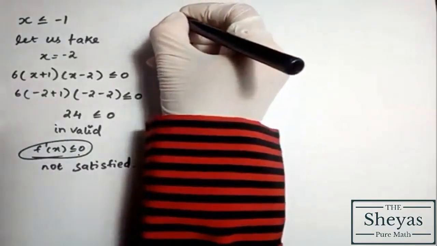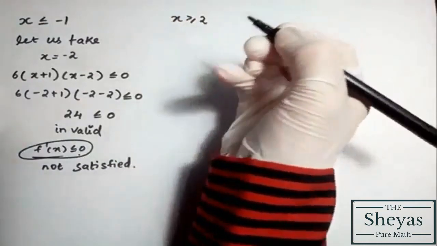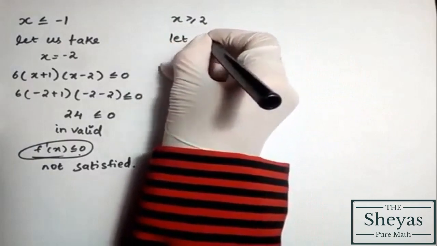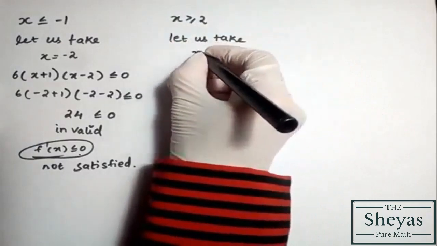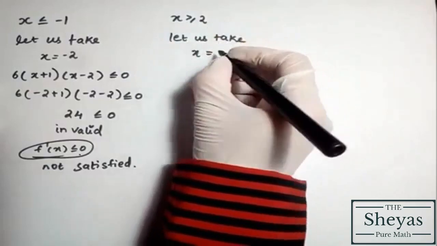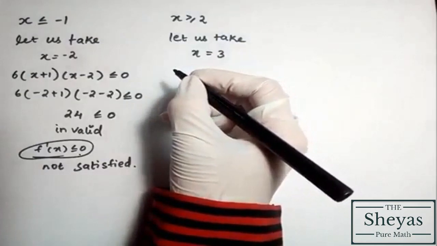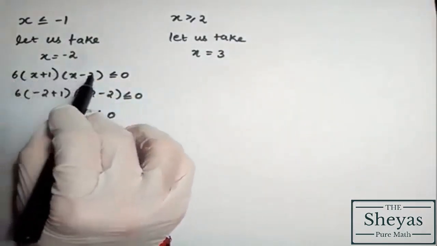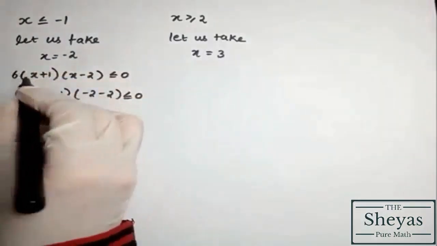Now we can consider the next region, x greater than or equal to 2. Here let us take some value greater than or equal to 2, so let it be 3. This is your f dash of x: 6 into (x plus 1)(x minus 2) less than or equal to 0. You can substitute 3 in the place of x.